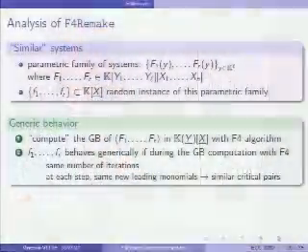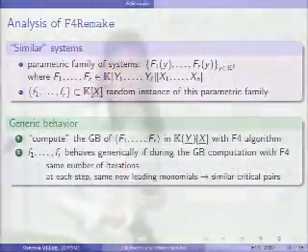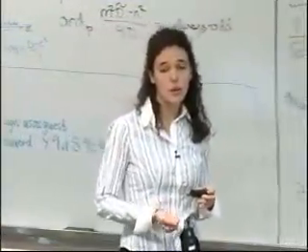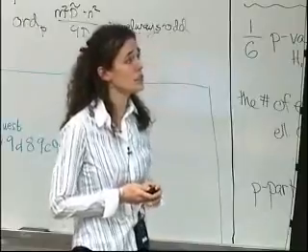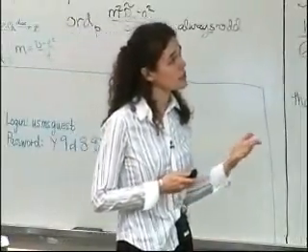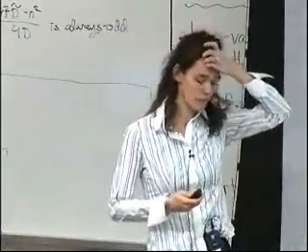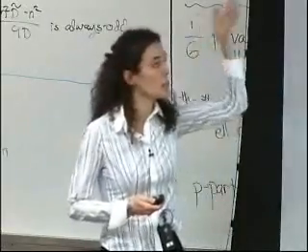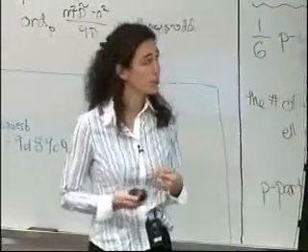So what I would like to do in this part of the talk is to give a precise analysis of the behavior of this F4 variant. So I need to introduce some terminology here. I will introduce the notion of parametric family of polynomials. So this is simply polynomials that have coefficients which are depending on some parameters.